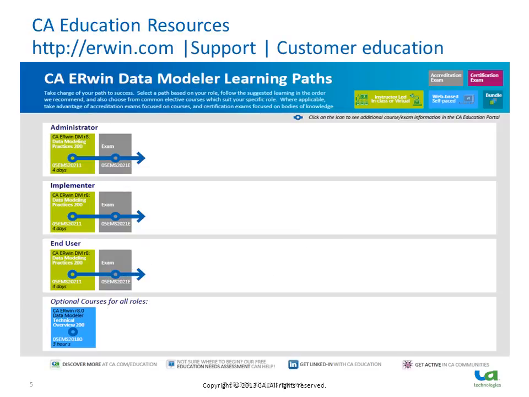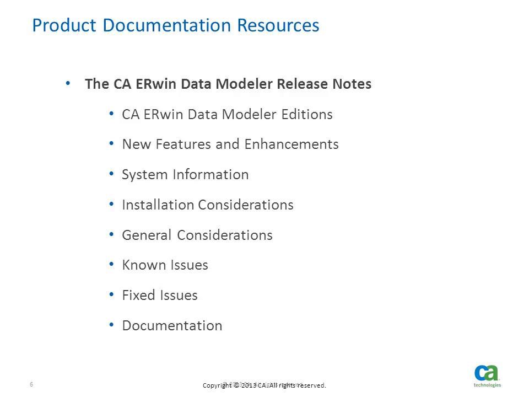Here we have a screenshot of the CA education resources that are available at ERwin.com support customer education. The product documentation resources include the CA ERwin Data Modeler release notes. This goes over the various editions of the ERwin Data Modeler product, such as the Workgroup Edition or the MART Edition, the Standard Edition, the 25 User Edition, and so on.